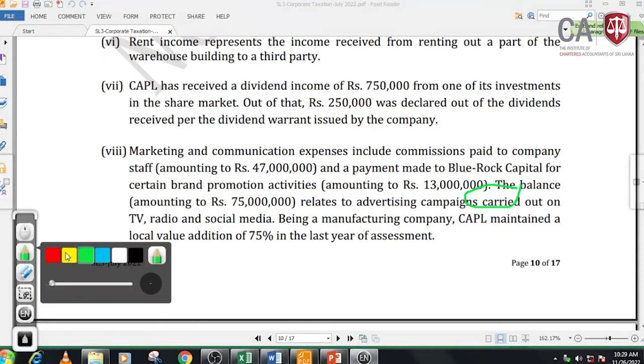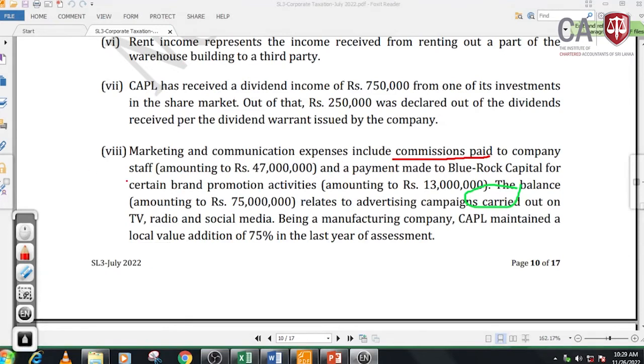Now in the breakup it has given the expenses commission paid to company staff. This is what, this is the internal. Now you need to look at what as the Marcom expenditure we can deduct it. Other than deduct it, can you go with the additional 100% of the deduction?